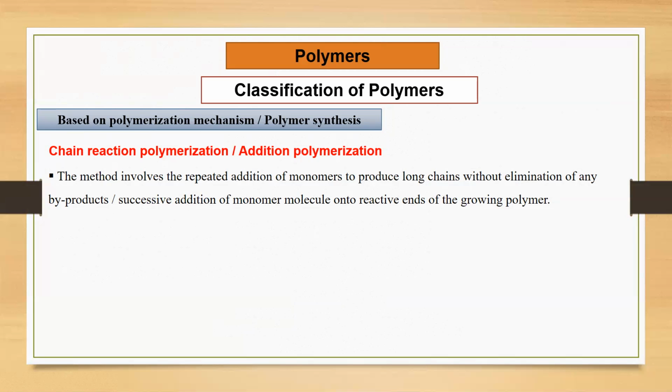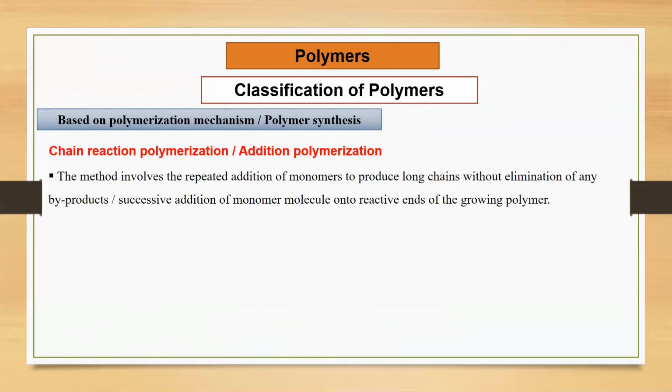And in doing so, there is no elimination of any byproduct or small molecule. In other words, this is the successive addition of monomer molecules onto the reactive ends of the growing polymer.